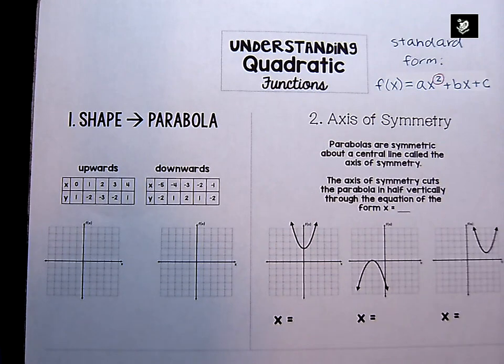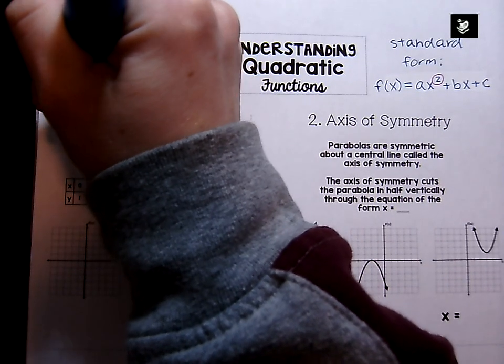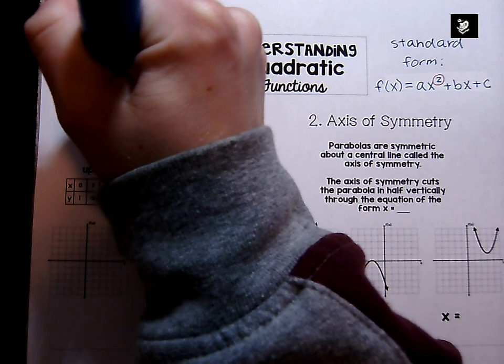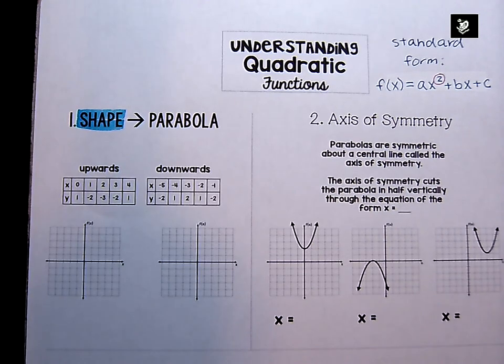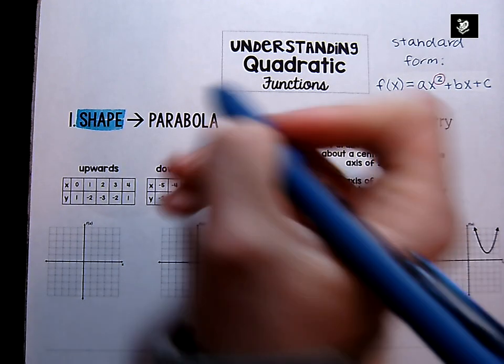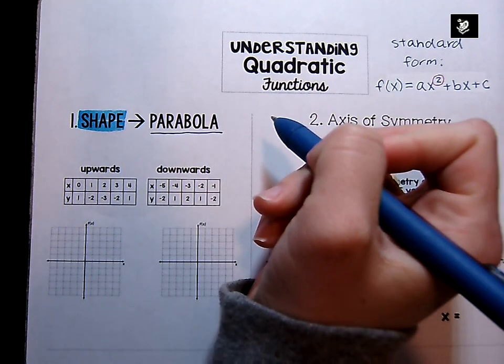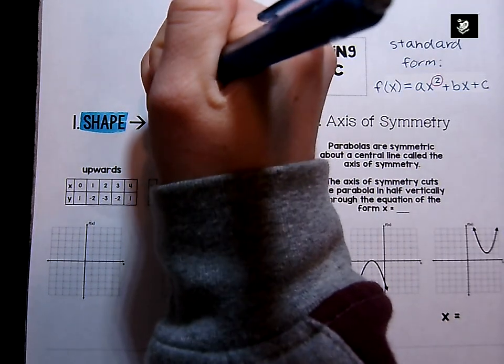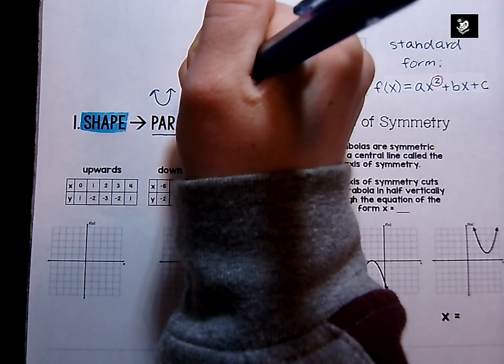Okay, so let's start with the shape. There are two types of shapes. Okay, so remember that all quadratic functions, when you graph them, they create a parabola, right? So we either have our smile or we have our frown.